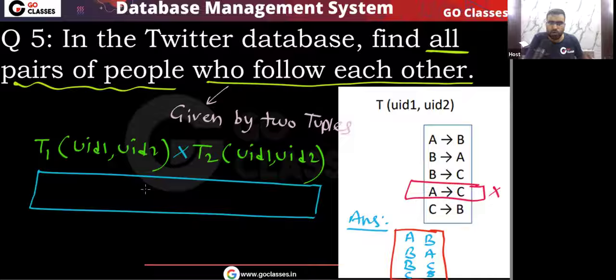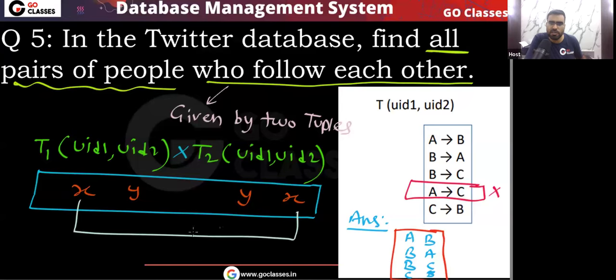I am looking for those tuples where X should follow Y and Y should follow X. Do you agree with me? This type of tuple I am looking for. So very simple, this must be equal to this one and this must be equal to this one.